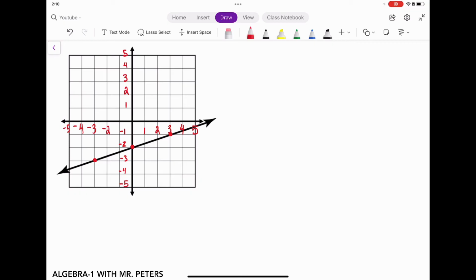So I'm going to do the same exact thing and connect my first 2 dots, and I'm going to calculate my rise over run. So when I look at my rise, I only went down 1, right? And now for my run, I noticed that I went over 3. So if I ask for the slope, we would say the slope is 1 over 3.